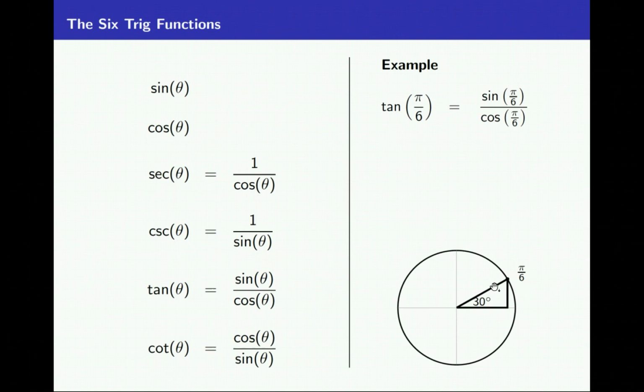Pi over 6 radians is 30 degrees, and you get this 30, 60, 90 triangle. And from it, you recognize that the shorter side is 1/2. The horizontal side is square root of 3 over 2. So sine of pi over 6 is 1/2. Cosine pi over 6 is square root of 3 over 2. Simplifying, we get 1 over square root of 3.